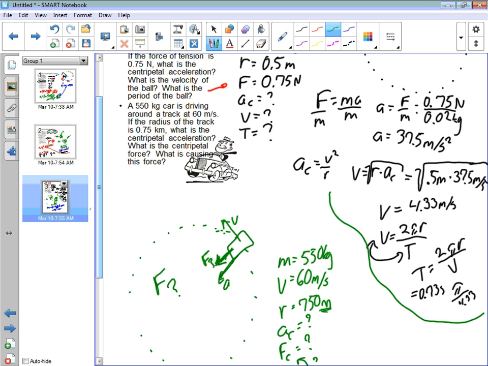I know they're inward and centripetal, but I don't know the actual reason it's going around. And here's the velocity. What is the actual reason that the object is going around in the circle? In other words, if I remove this reason, it would no longer go around in a circle. Not string. String was the case for the first one.